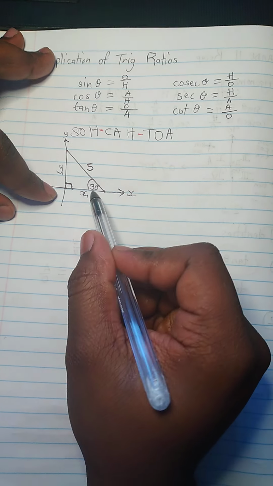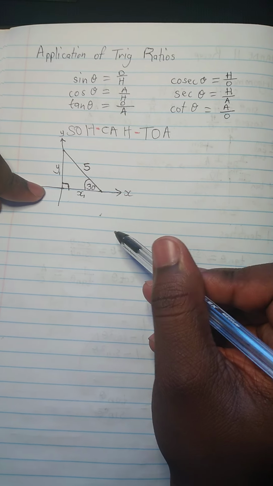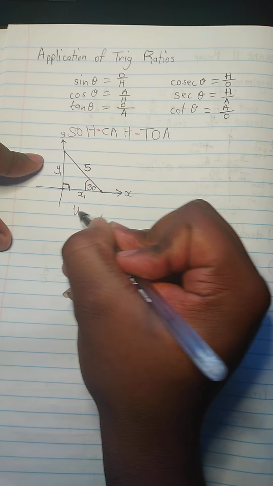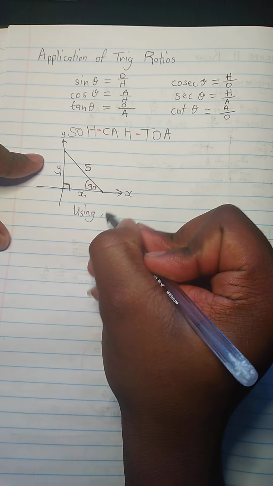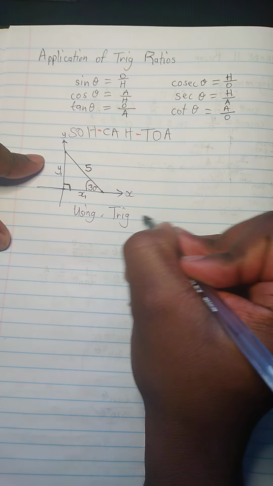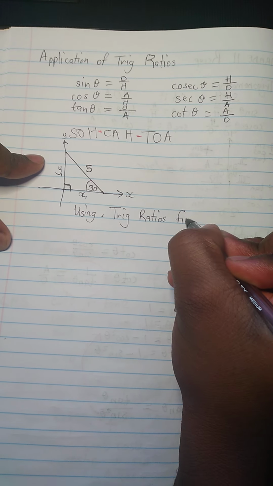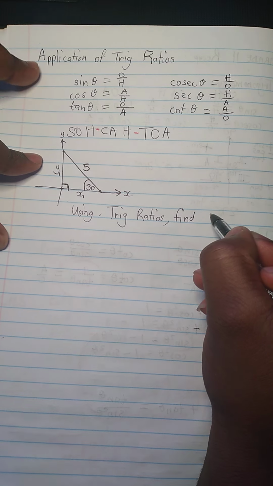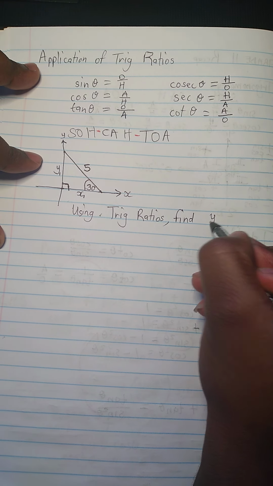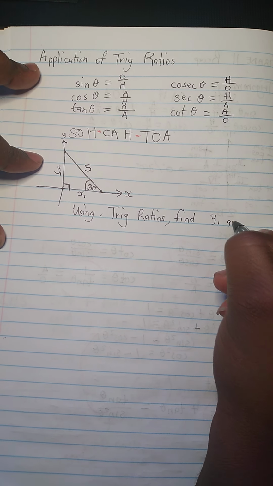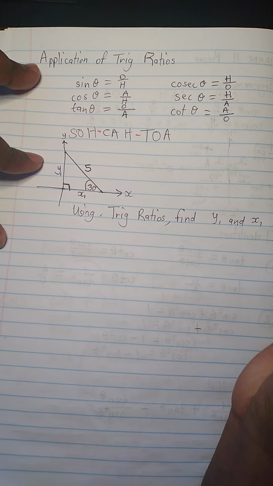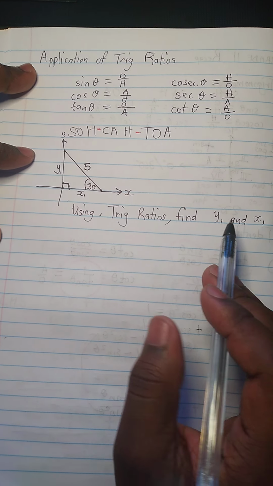So they say to you, using trig ratios, find y1 and x1. So the question is like that, right?